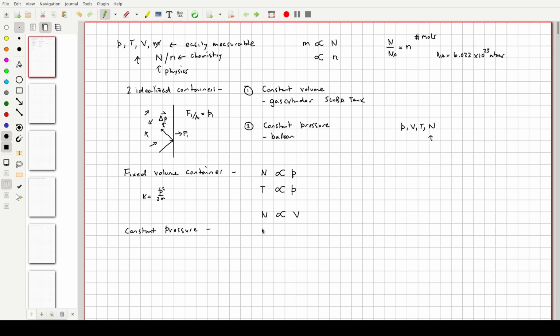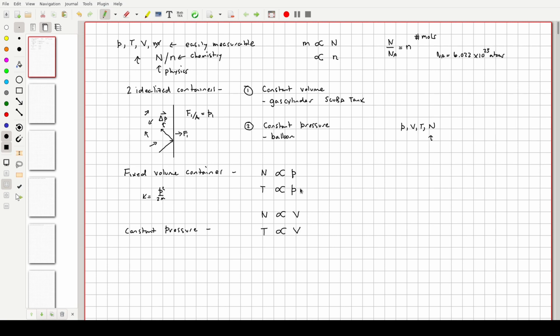Likewise, if I increase the temperature, what I'll notice is, because of the impacts causing the balloon to expand, that I also increase the volume as well. Now, empirically, if you do this in a lab, you'll see that it's a linear relationship.